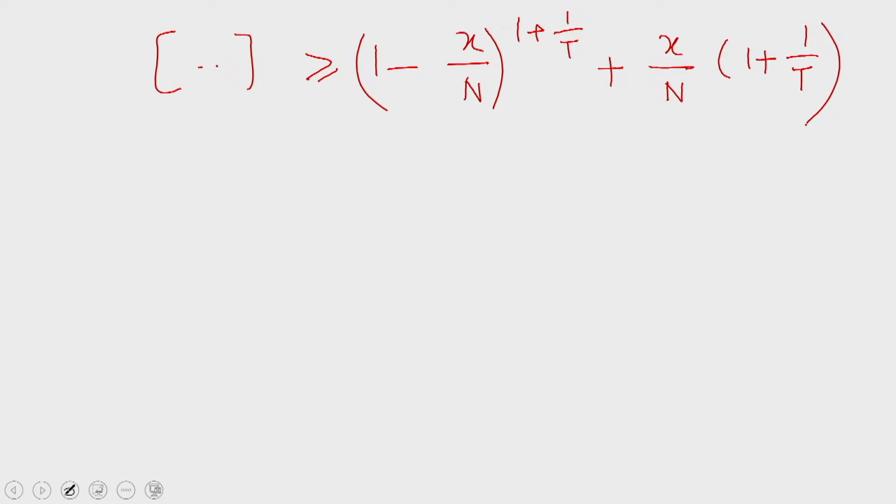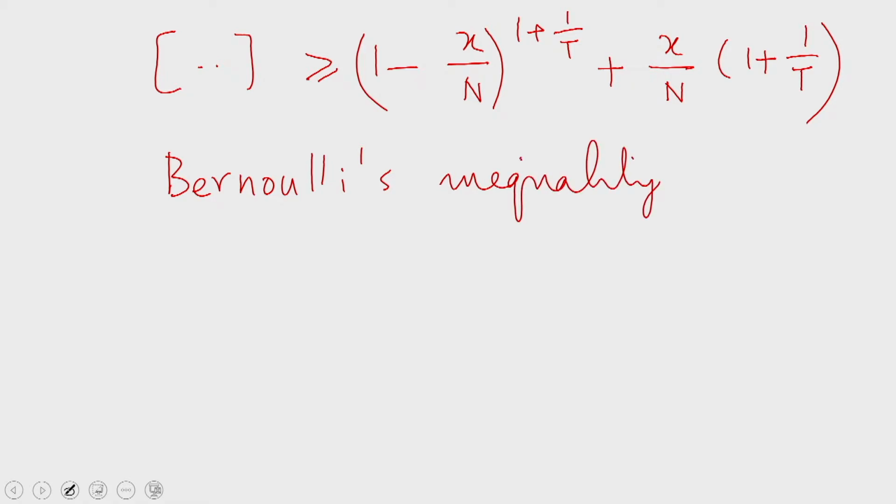Now, to the first term, let us apply Bernoulli's inequality, which says that for any alpha less than or equal to 1 and for any t greater than or equal to 1, (1 minus alpha) power t is greater than or equal to 1 minus alpha t.